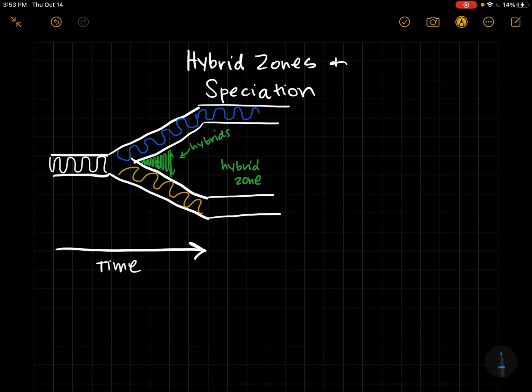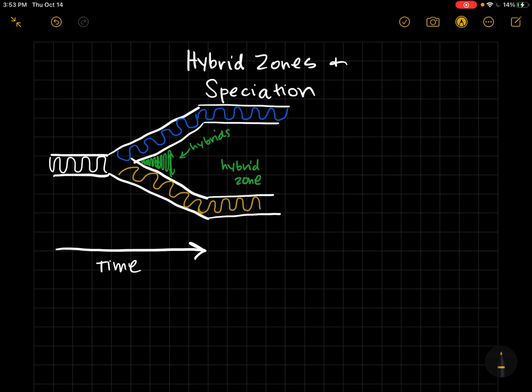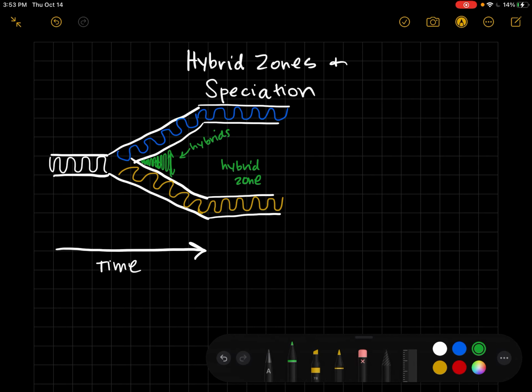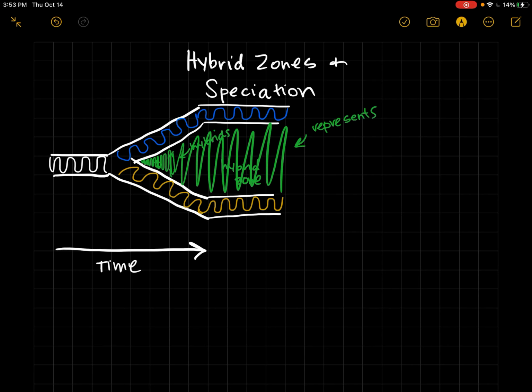We're still keeping almost all gene flow. Almost all gene flow is staying within these lineages, but we're going to have some gene flow between them, and that's going to be our hybrid zone. Even though that looks really big, this actually is only going to represent a really small number of organisms compared to the blue and yellow species.